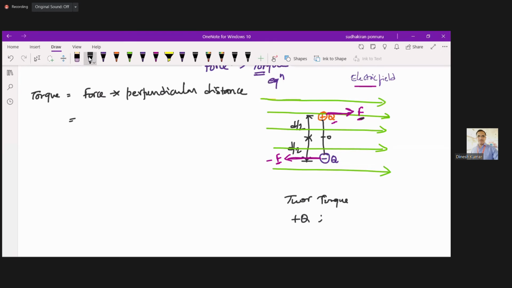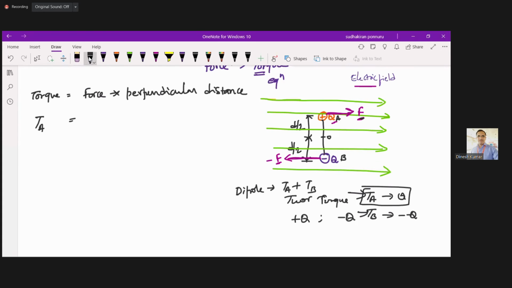If this is point A and this is point B, the torque at A is because of plus q and the torque at B is because of minus q. We will obtain the equations individually, that is TA and TB, and since the dipole is altogether A and B, the dipole torque will be TA plus TB. Now I'm going to take TA first and later we will go for TB.